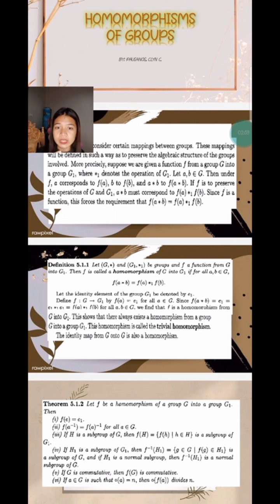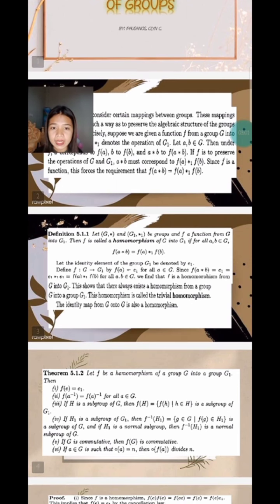Then f is called a homomorphism of G into G sub 1 if for all a, b in G, f of a star b is equal to f of a star 1 f of b. Since we are going to preserve the operations of G and G sub 1, it must be that f of a star b is equal to f of a star 1 f of b.